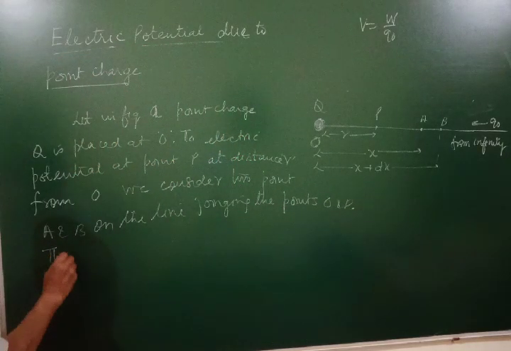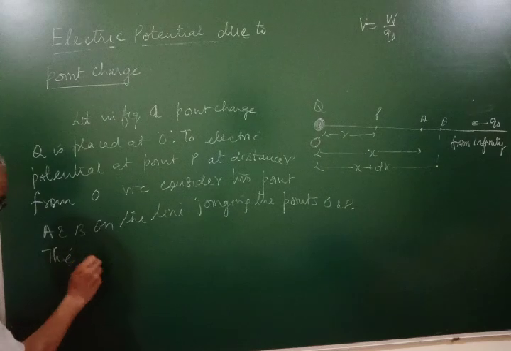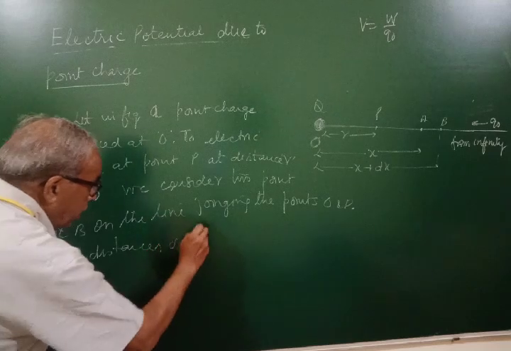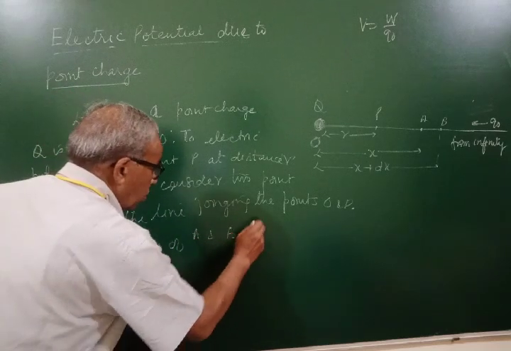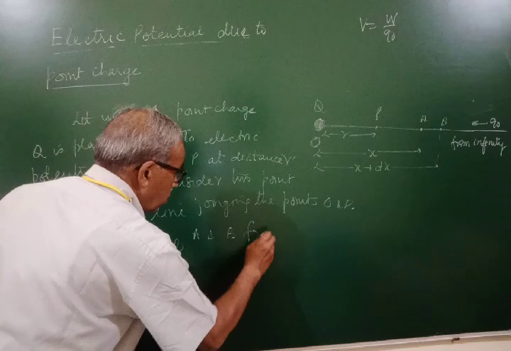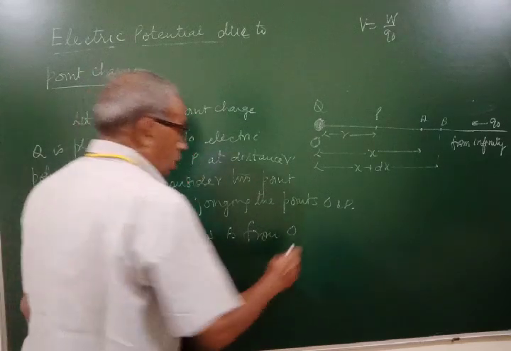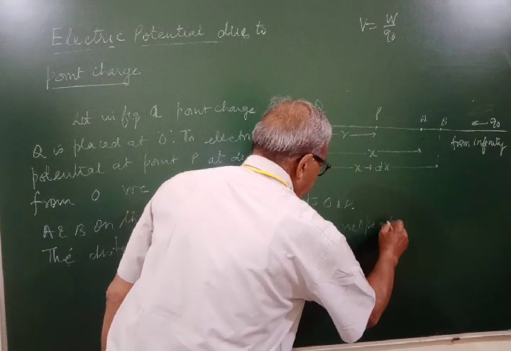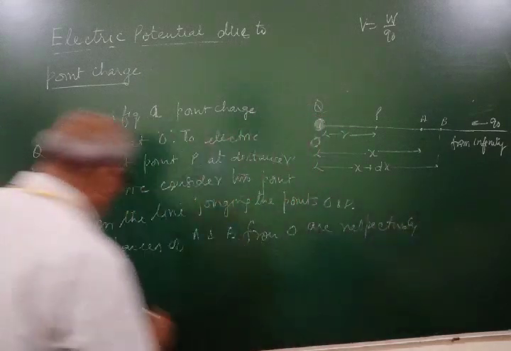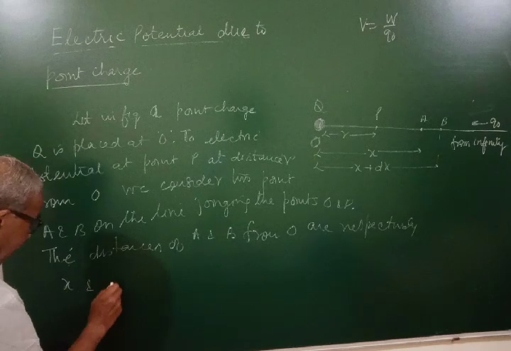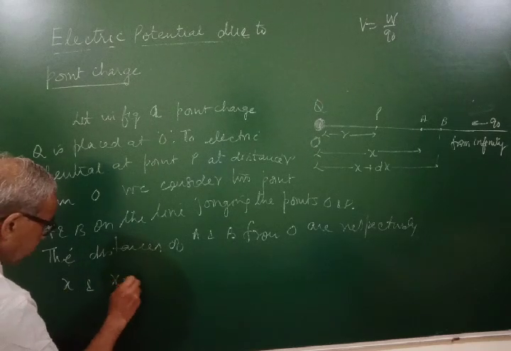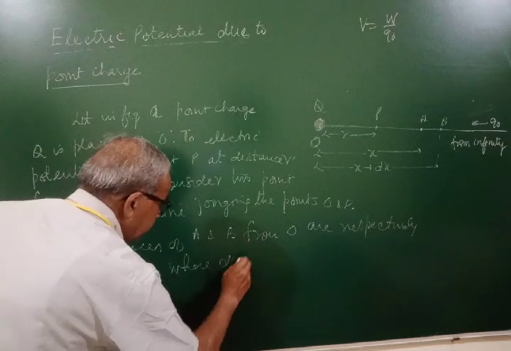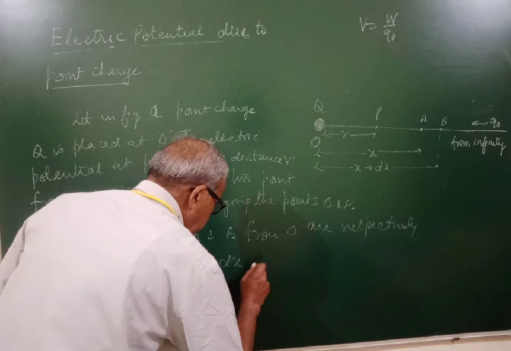The distances of A and B from O are respectively x and x plus dx, where dx is very small.